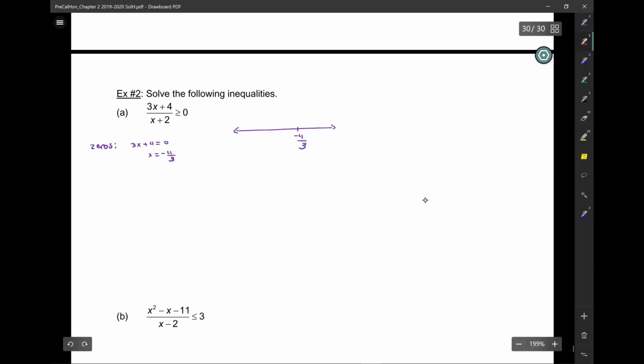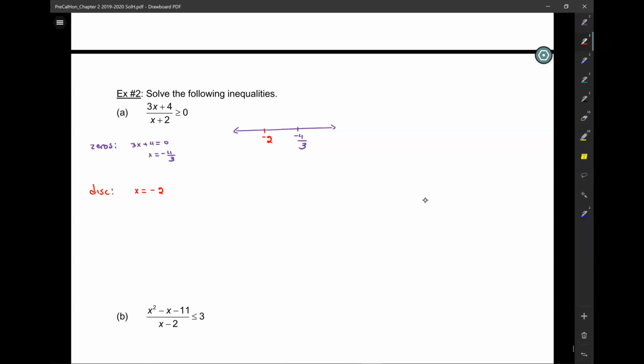But I also ask myself, because this is a rational function, where are the discontinuities? x equals -2. I also put the -2 there.